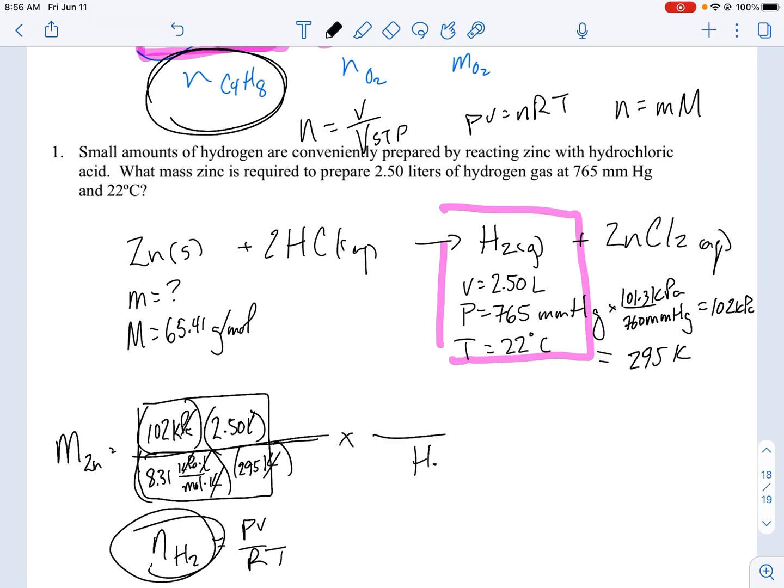But I need to then convert from hydrogen and find zinc. I get 1 zinc for 1 hydrogen because I've got the balanced reaction. Those are the coefficients. And then I'm going to find a mass. And in this case, I'm using molar mass. The molar mass of zinc is 65.41 grams per 1 mole.